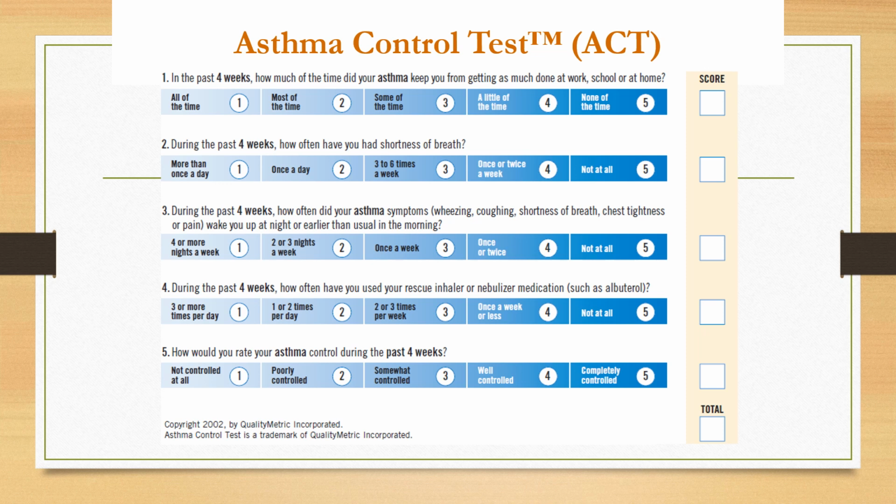It's impacting your work, your shortness of breath. You have nighttime awakenings. And you're on some kind of asthma regimen, but it's not working. So there's a time to move on that, and I'm going to show you in the next few slides. So the magic point of the asthma control test: if your score is 19 or greater, you're in good shape. If your score is less than 19, you've got to do something, and I'm going to talk about that in a few slides.